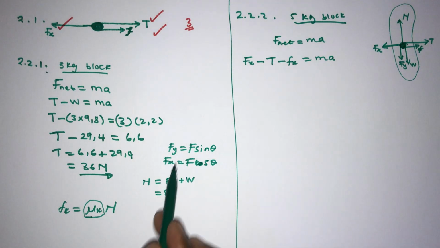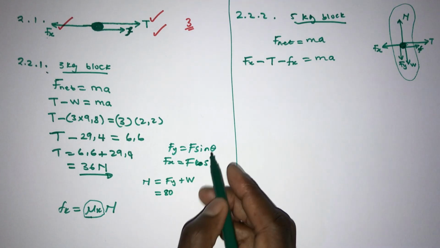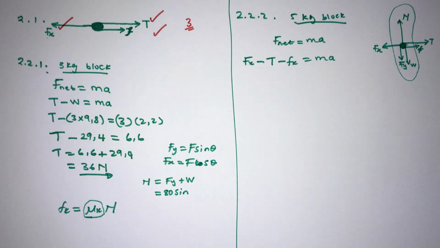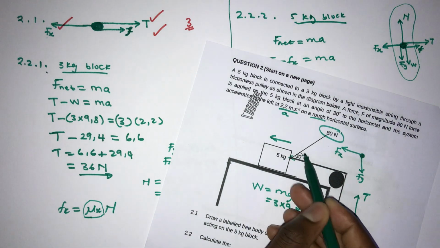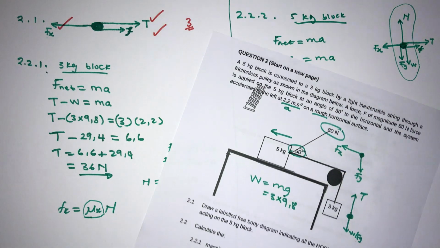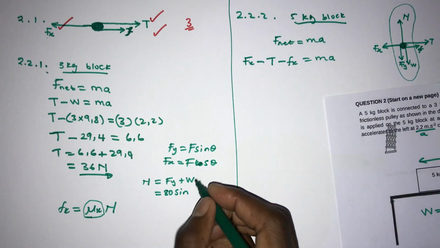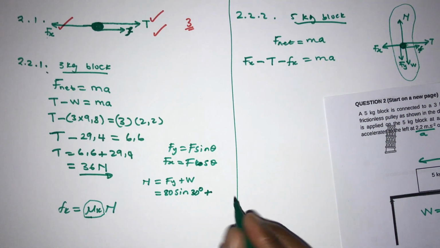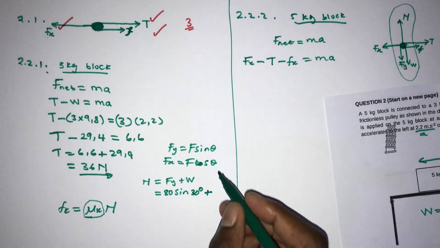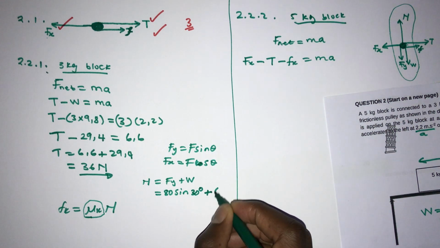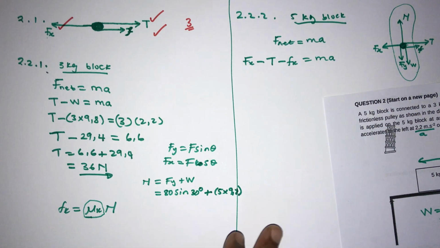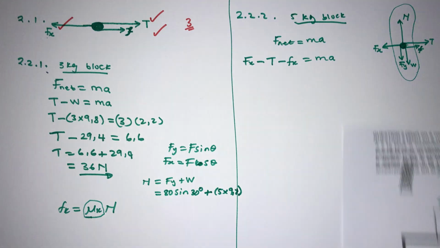So we're talking about Fy here, so this is F sine theta for Fy. Then what is the angle? They said the angle is 30. So that means it's going to be 80 sine of 30 plus W. W is our weight as mg. So what is m? M is 5 kg times 9.8. Right. So this is what we're going to need for the normal force.